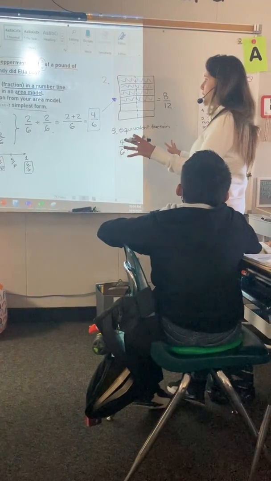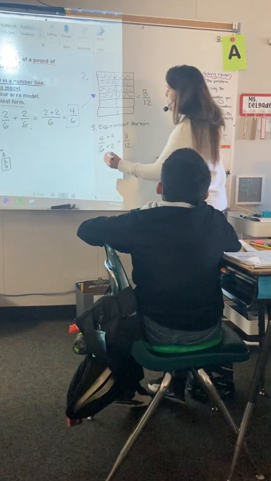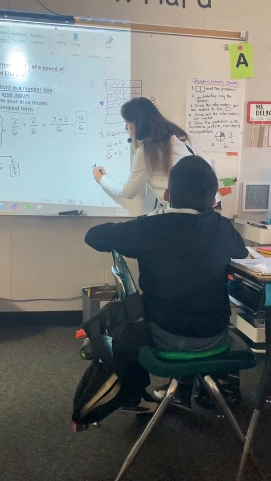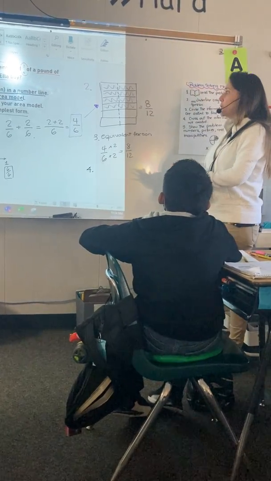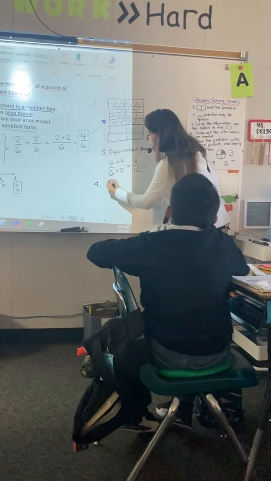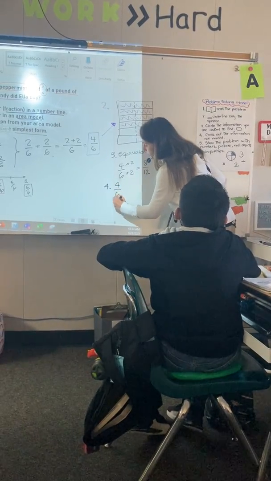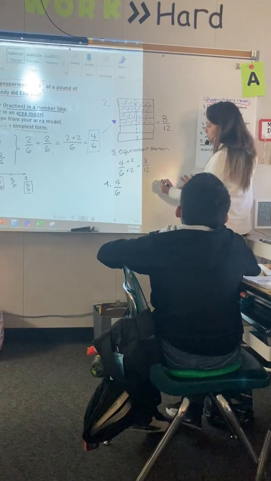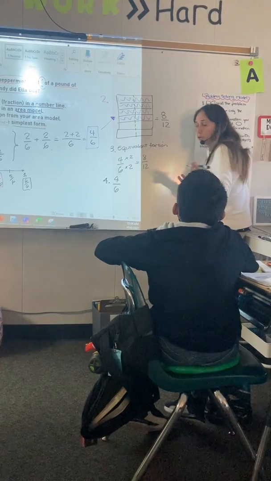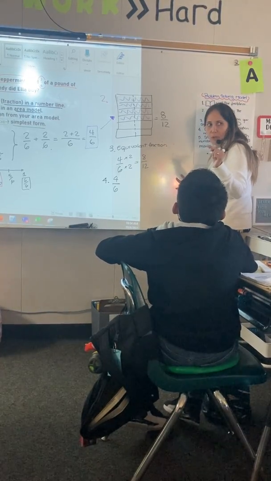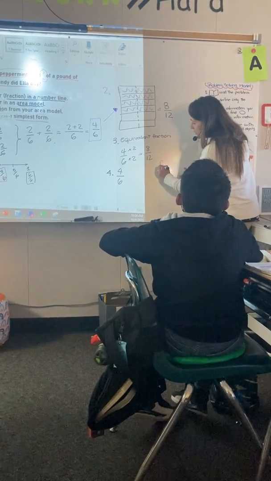Okay? So the next question says simplify your answer to the simplest form. Okay? So what do we do to simplify 4/6? What are the steps? So if you don't remember, I'm going to remind you. So we get the factors.